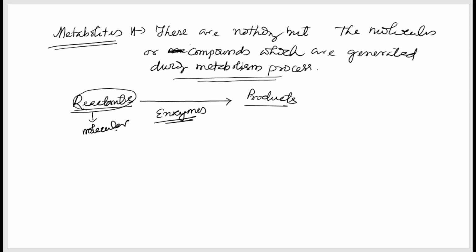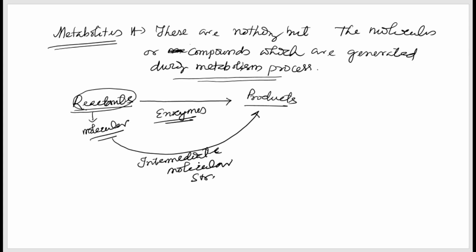When this molecular form is converted to product, it has to go through different intermediate molecular structures during the formation of the final product, which is also a molecule or compound.